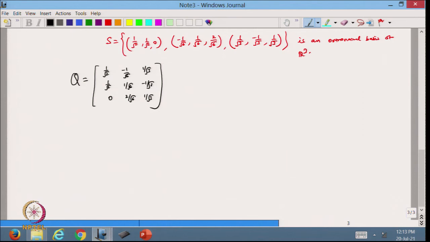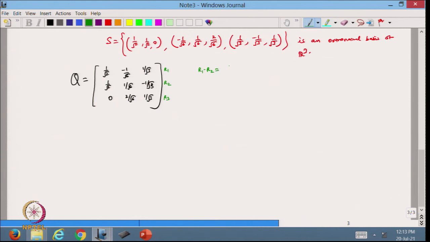And I know from here that these are orthogonal to each other. Because the columns are orthogonal to each other, I represent them as R1, R2, R3.